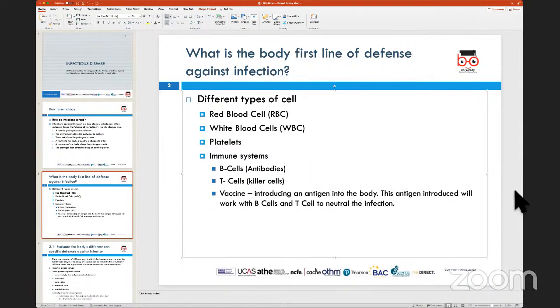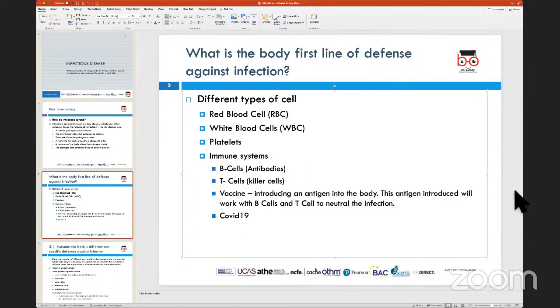Sometimes, a clear example of this that I would give is the COVID-19 vaccine, because the human body in most cases did not have any sort of exposure to this kind of infection or virus previously.